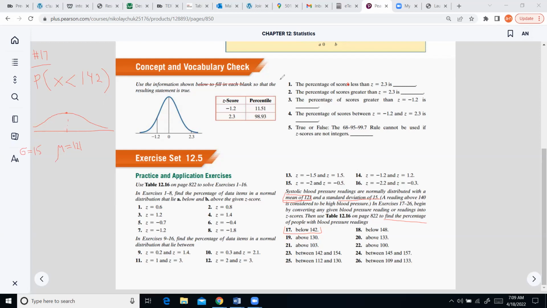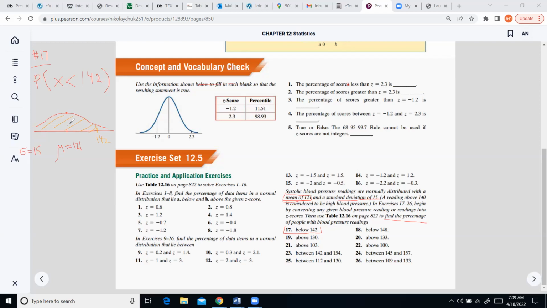What's the probability or area that X is less than 142? Less than 142 means we start at 142 and go to the smaller or less side, which is on the left. So pictorially, I made a picture of that question.